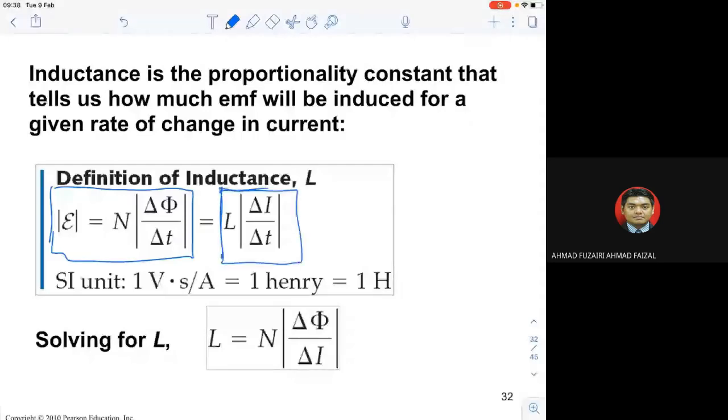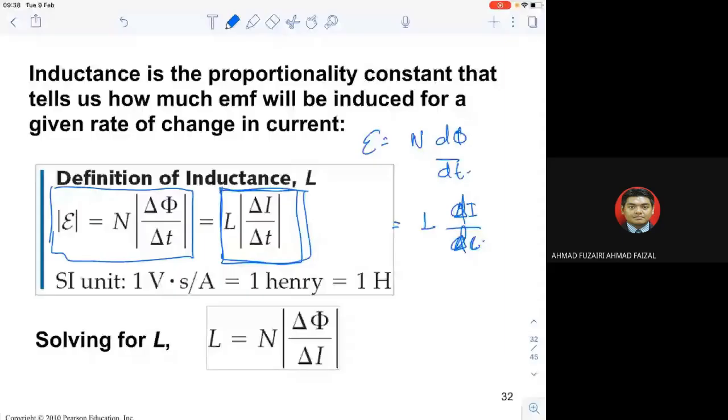L is inductance, N is the number of loops. So we can join these equations to get L equals N delta flux over delta I, because we cancel out delta t from both sides.